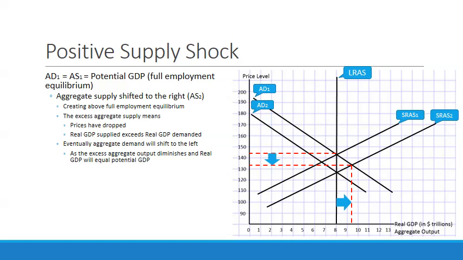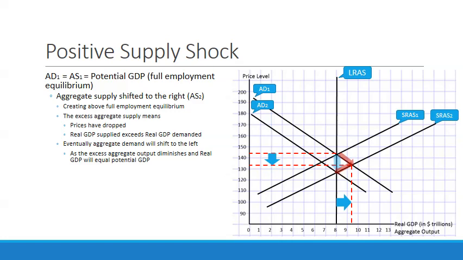In other words, as that surplus in the market disappears, as it's bought up, aggregate demand will then fall, leading to the new full employment equilibrium. It's just at a lower price level. So you can see here we have first our shift out, then we have a shift back with aggregate demand. And so that creates the gap there, but it's at the lower price level.